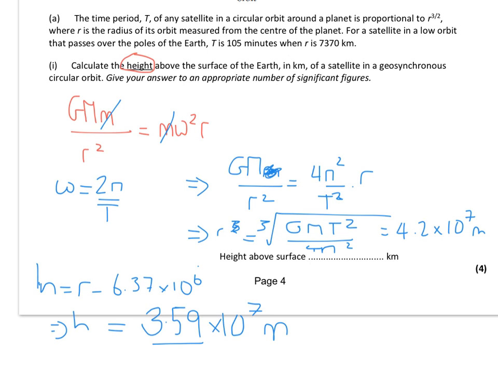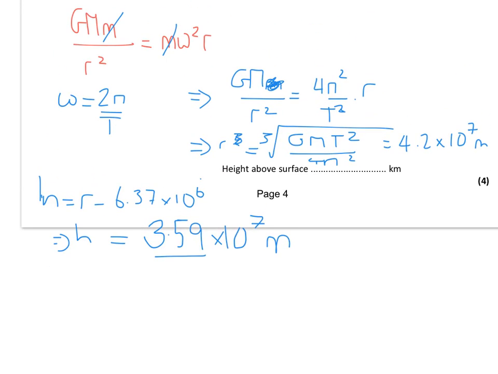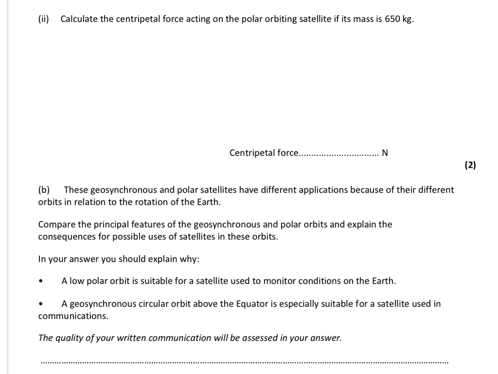Moving on to the next question. This one wants to calculate the centripetal force acting on a polar orbiting satellite. Its mass is 650. So force is m omega squared r, which equals m 4 pi squared r over T squared.